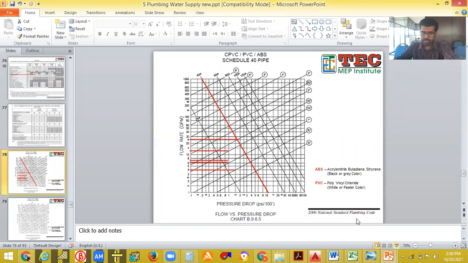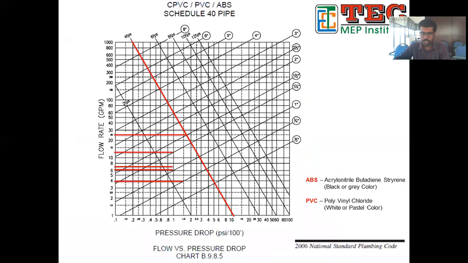This graph is also in the NSPC only. Okay. You can use it for CPVC, PVC, and ABS pipe, schedule 40 pipe. And this shows the pressure drop on the X-axis. The Y-axis shows the GPM.